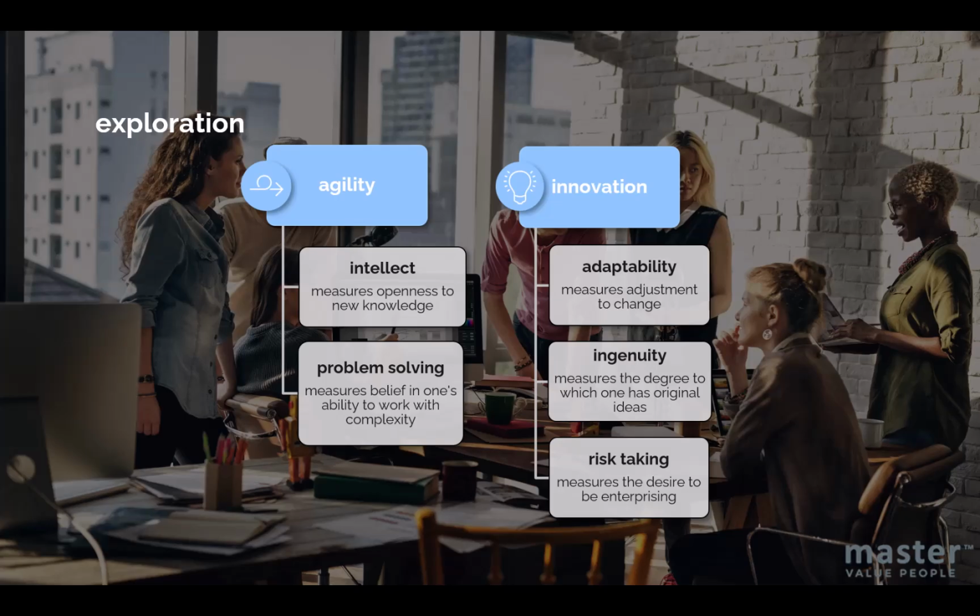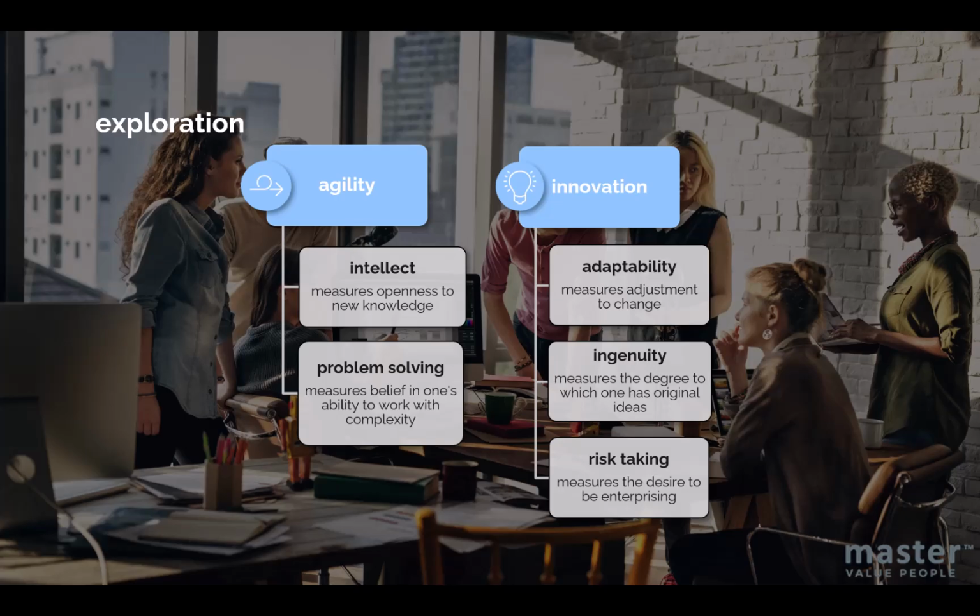Problem-solving measures belief in one's ability to handle complexity. Someone with a high score here enjoys working with complex issues and wants to engage with them regularly. However, a strong interest in problem-solving doesn't necessarily indicate skill in it. To assess actual problem-solving ability, we need a cognitive test like ACE or CORE.